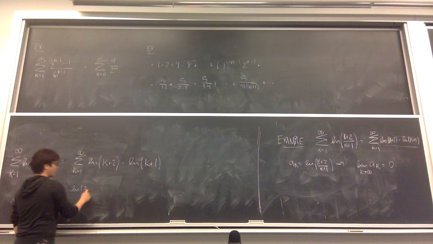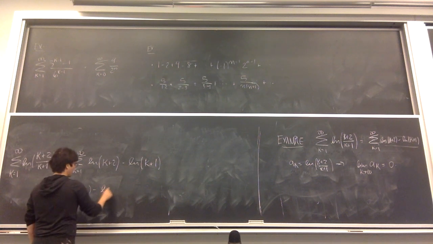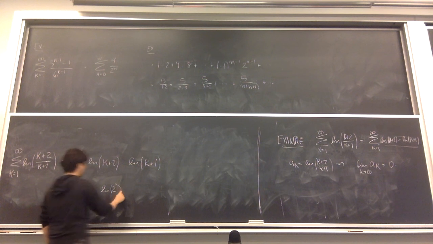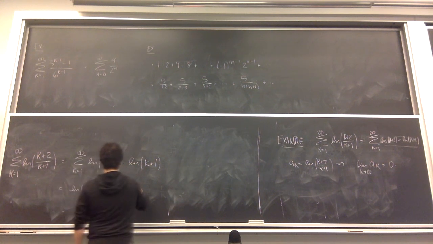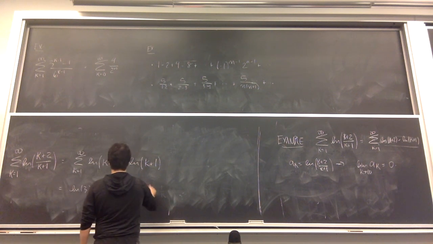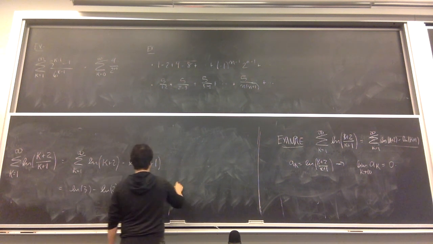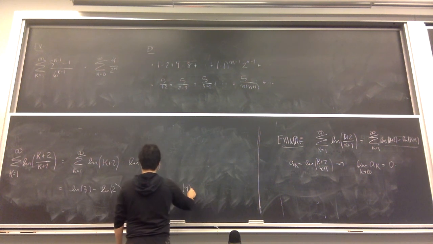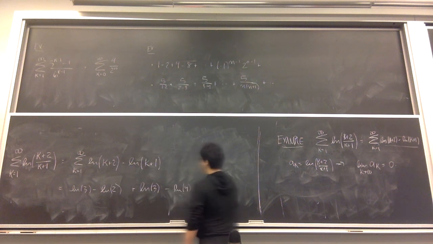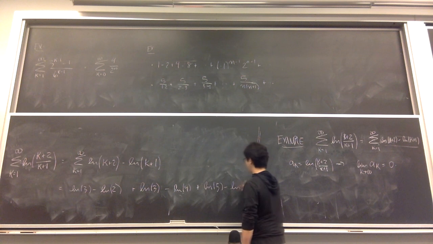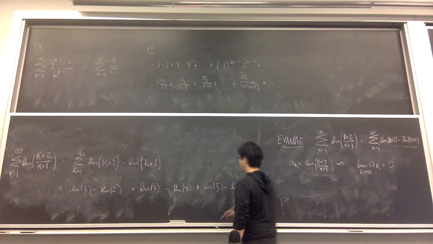You get ln of 3 minus ln of 2, plus ln of 3 minus ln 4, plus ln 5 minus ln 4.